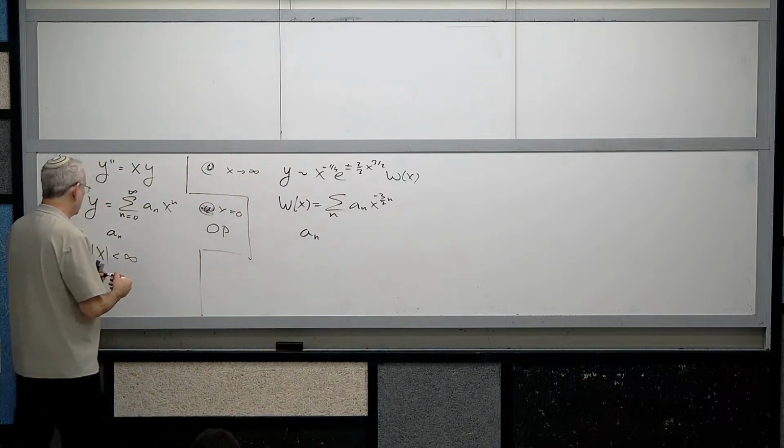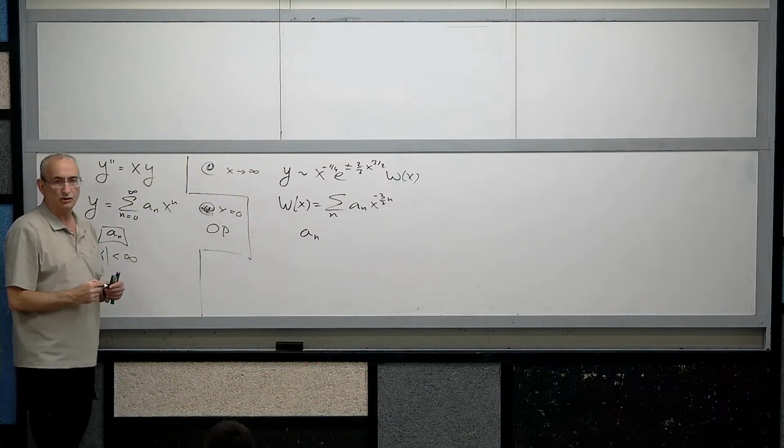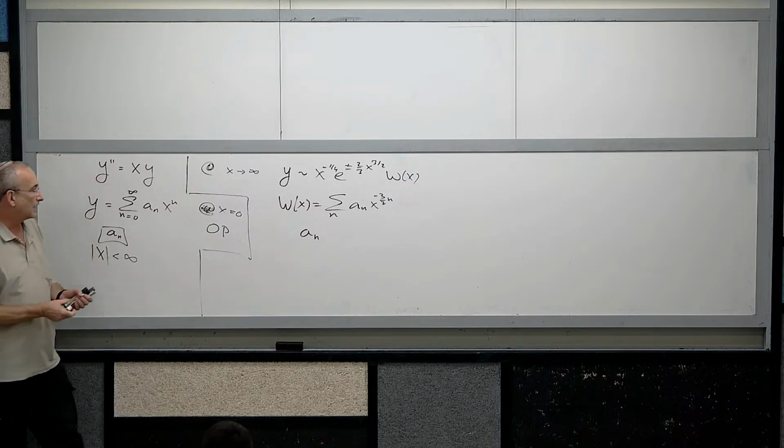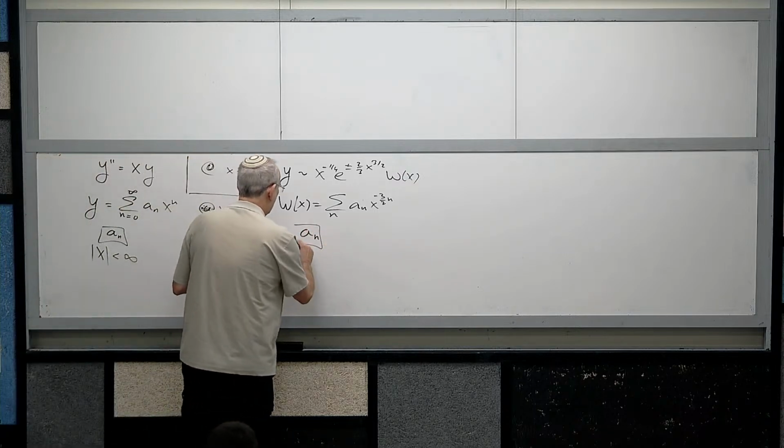The same way we calculated here the a_n by a recursion formula, we were able to calculate here the a_n. What's the problem?